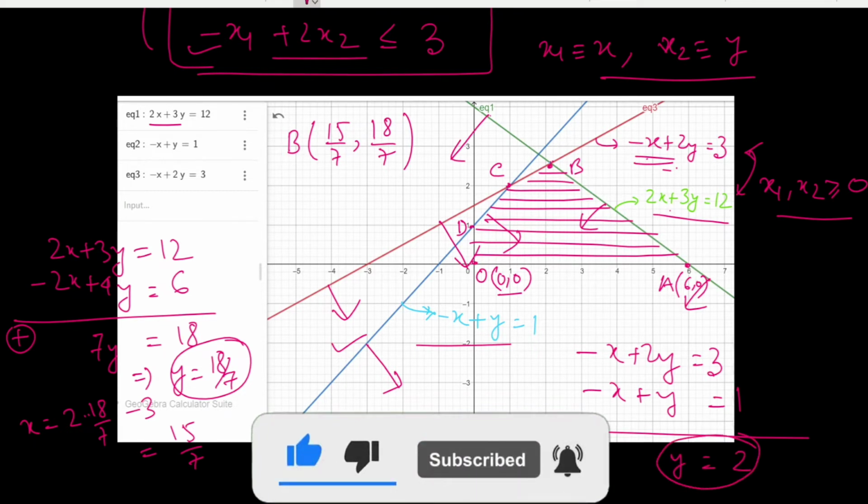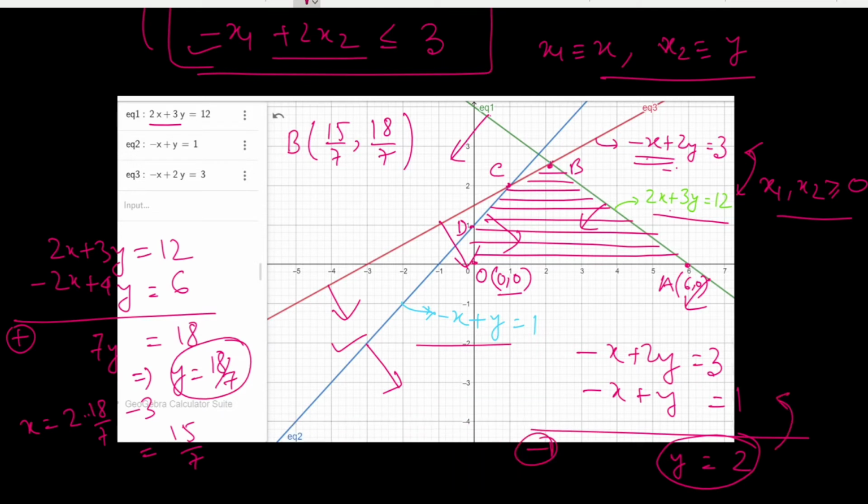By putting the value of y here, we get x equal to 1. So this is the point C (1, 2), and D is the point where minus x plus y equal to 1 meets the axis, which is the easy point (0, 1).